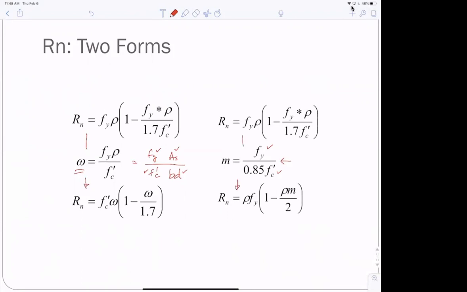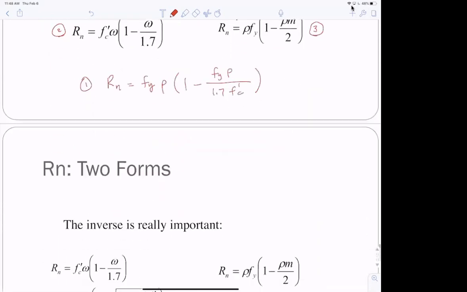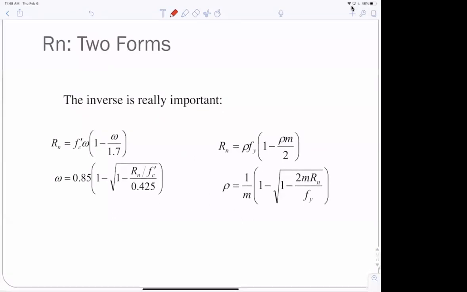So the three options are the original equation, Rn equals Fy rho (1 minus Fy rho over 1.7 f'c). That's option 1. Option 2 is using this omega, the mechanical reinforcement ratio, or option 3 is using m, which is just the ratio of steel stress to concrete stress. What's really important is the inverse.